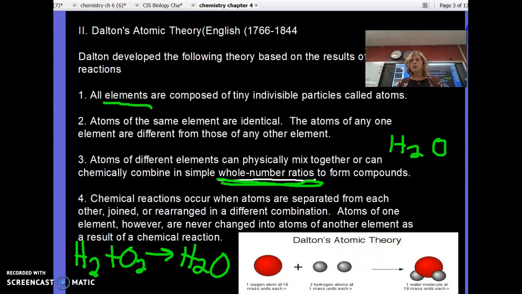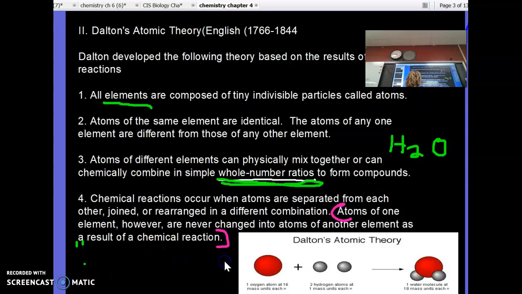Remember that this was written in the 1800s, so things have changed a little. We actually would say atoms of one element, however, are never changed into atoms of another element as a result of a chemical reaction.